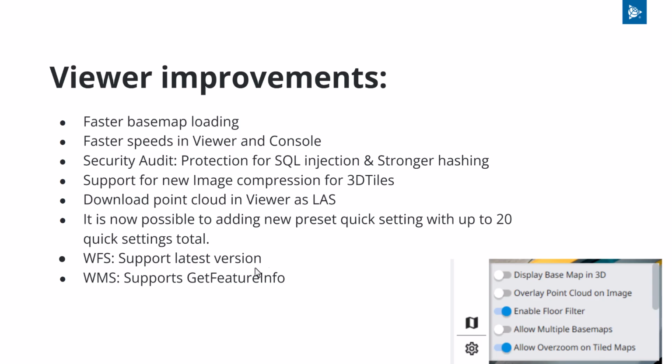WFS today supports the latest versions, and the WMS service supports get feature info. That's an interesting improvement. Let me try to explain. WMS is a sort of frozen image stream of the layer without separation into features. However, the get feature info option adds additional information to the pixels.